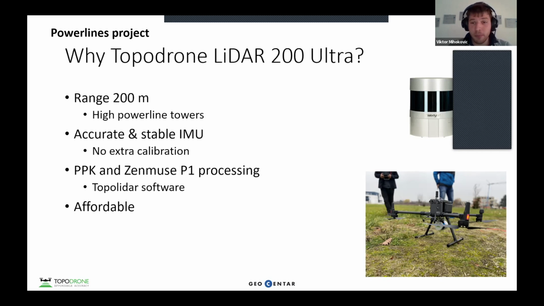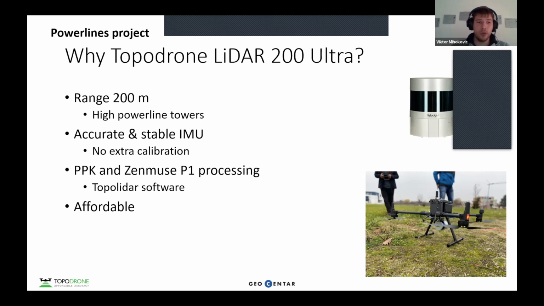Also, it was very important for us to have a PPK solution for processing of the Zenmuse P1 camera positions, which was provided to the client with Topo LiDAR software or Topodrone post-processing software, because a lot of power lines are, as I said, in hard-to-reach areas where you maybe do not have mobile signal and you're not able to use RTK solutions all of the time.